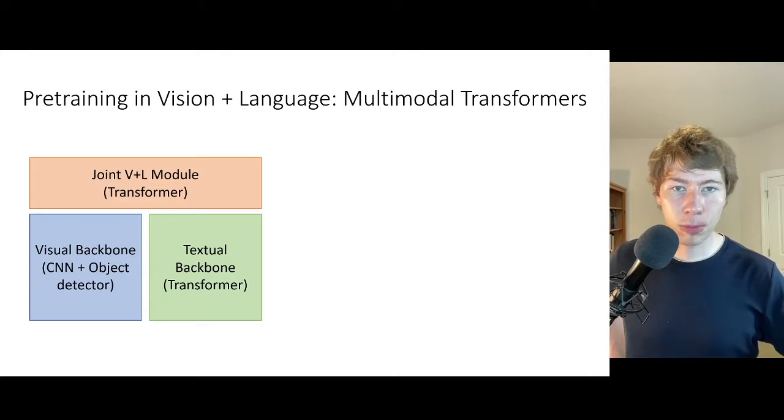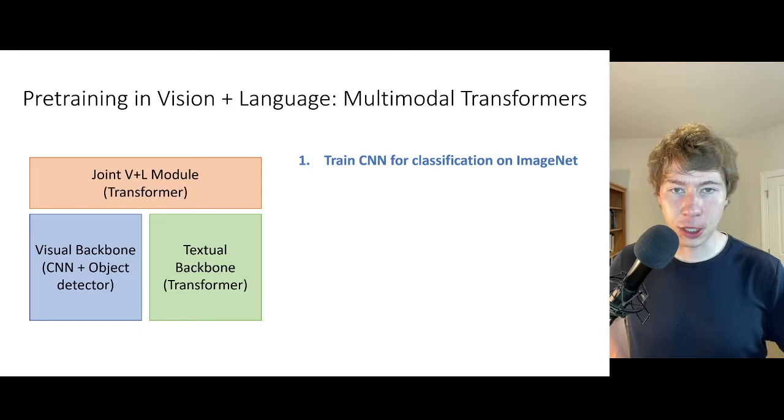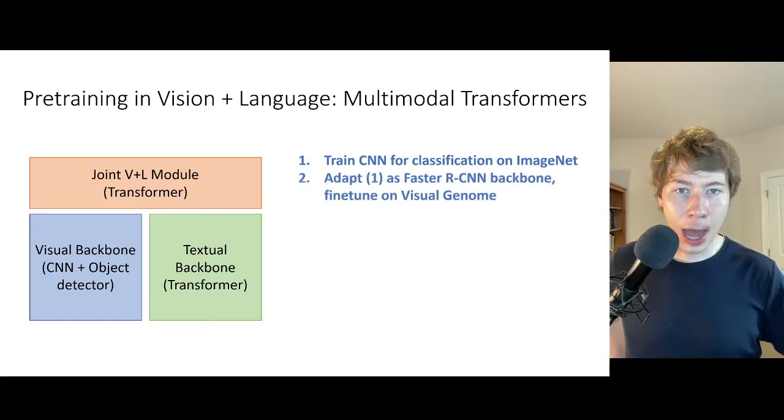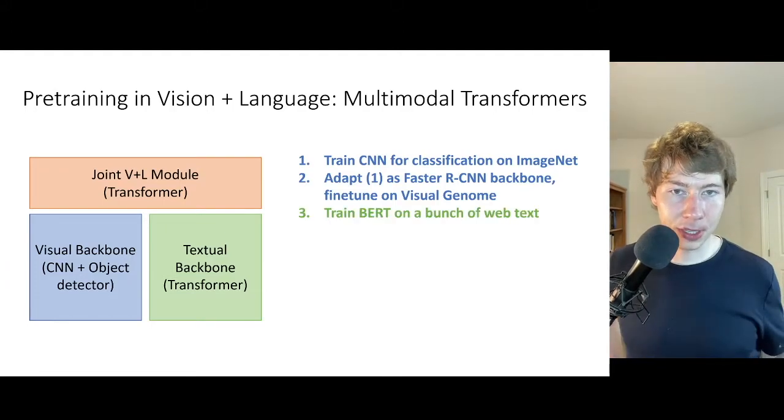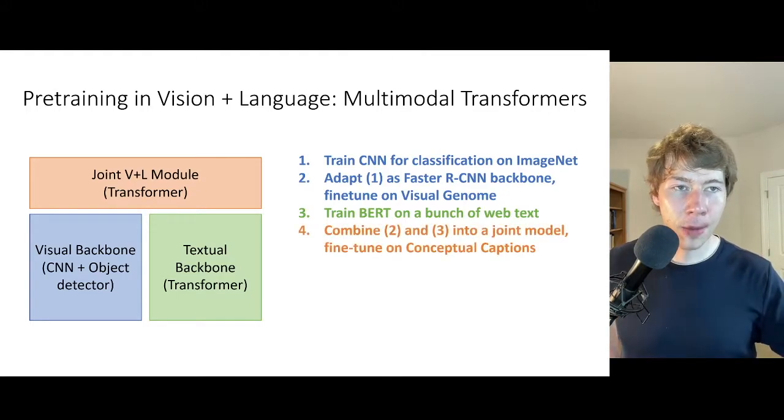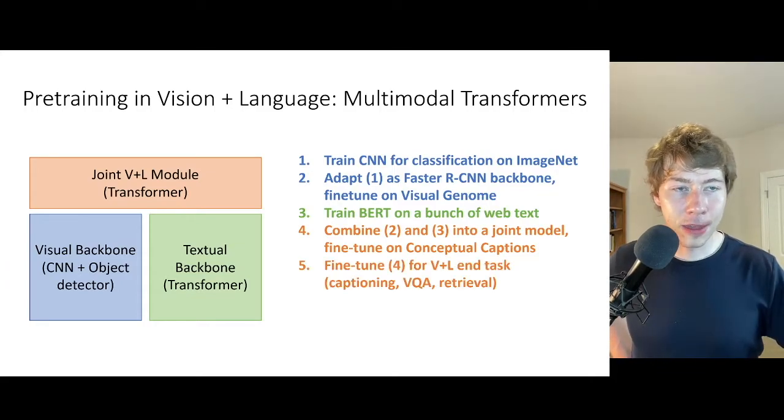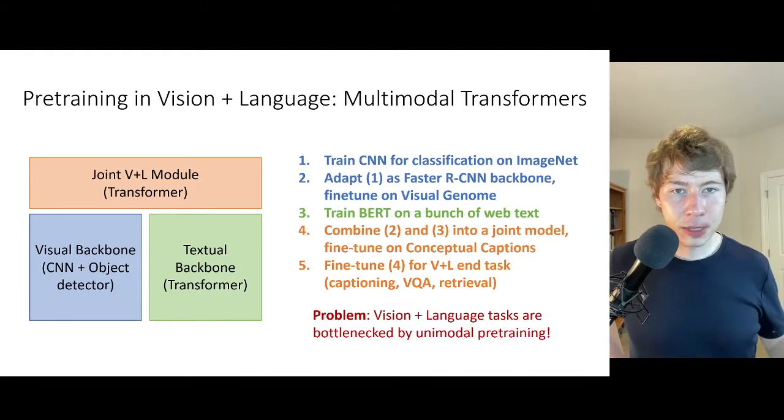A pretty typical scheme is to first train some visual backbone for classification, usually on ImageNet, then adapt that visual backbone to perform object detection, and then set aside those visual representations and pre-train something like a BERT model on a whole bunch of textual data, and then combine together this textual encoder and this visual encoder into some big joint multimodal transformer, and then finally fine-tune it for the ultimate end task of vision and language.